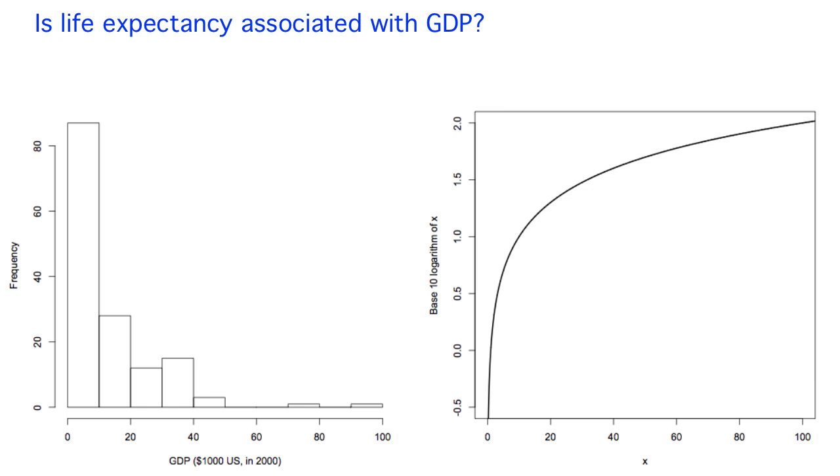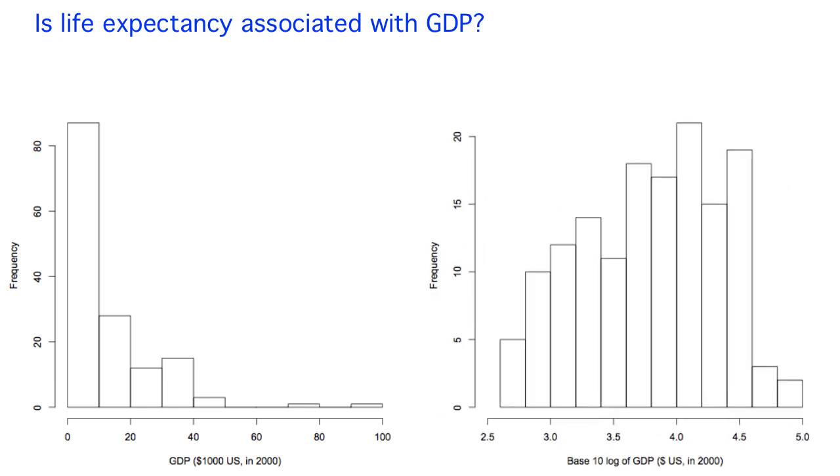It changes quickly for small values close to 0 and changes slowly for larger values. As a result, the log transformation of a variable will spread out the small values and bring the large values closer into the other values. So, if we take the logarithm of a variable that has a right-skewed distribution, the result is a transformed variable that has a distribution that is often closer to symmetric.